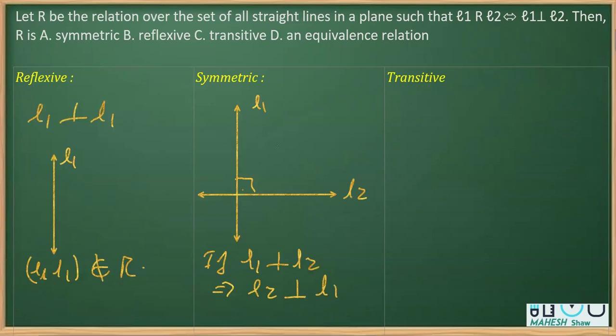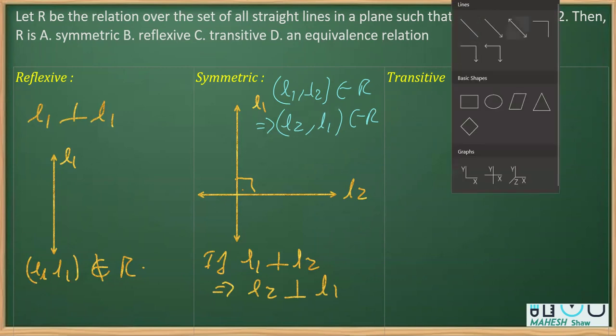So what we have proved here is, if (L1, L2) belongs to R, it also implies that (L2, L1) belongs to R. So we'll say it is symmetric.